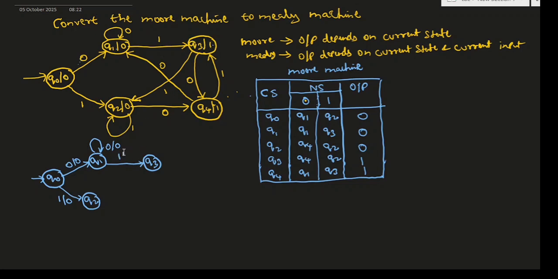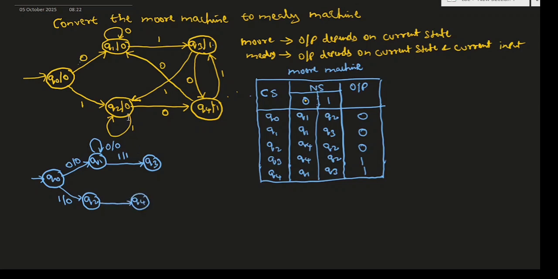So I write 1 bar 1. The first part is the input, and the part after the bar is the output. Q1 has been completed. Now go to Q2. In Q2, when 0 is applied, it goes to Q4. So I write Q4.